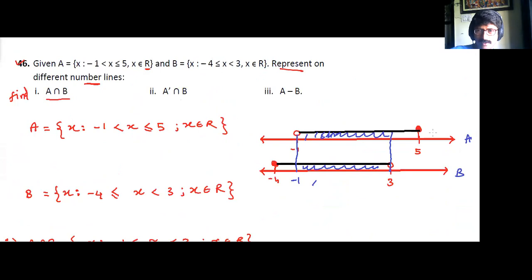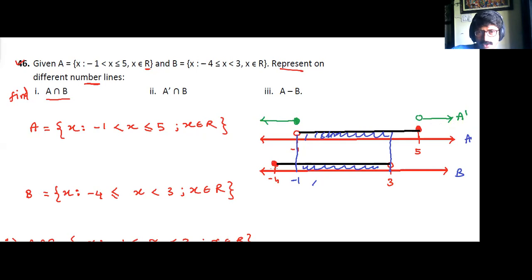A complement goes something like this. I'm just checking the green line. 5 was included over here, so from here to here, isn't it? And this was excluded, so it will be included in the A complement from here to here. So this is A complement. Are you getting it?